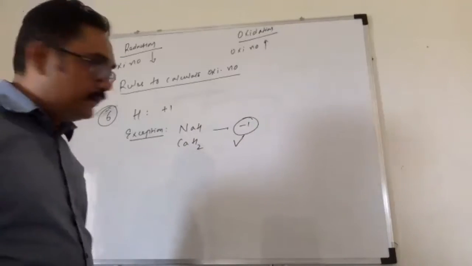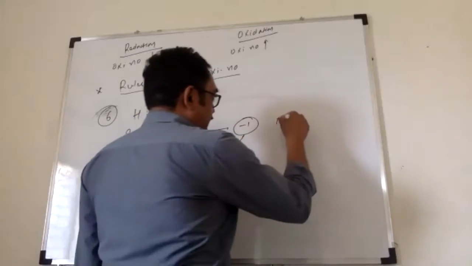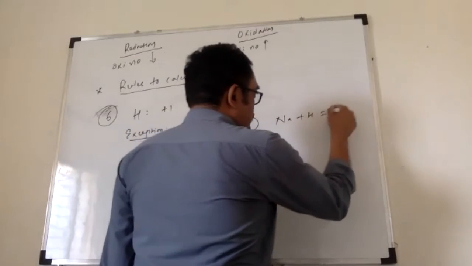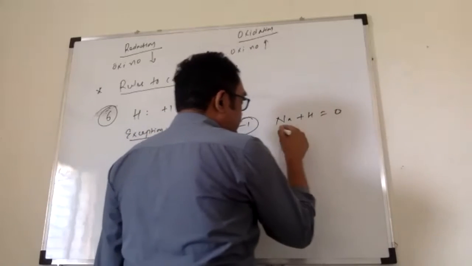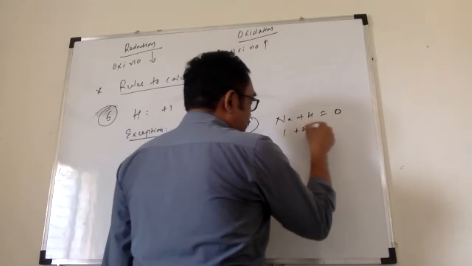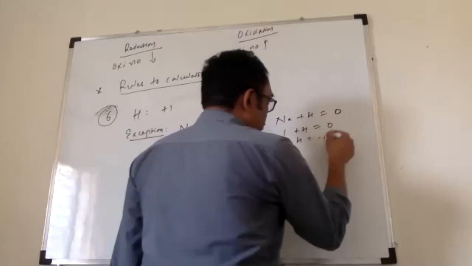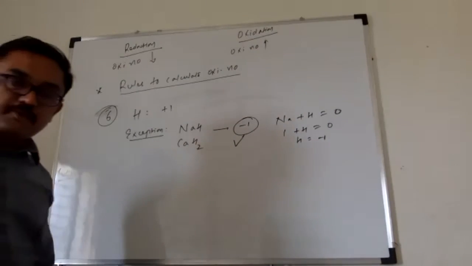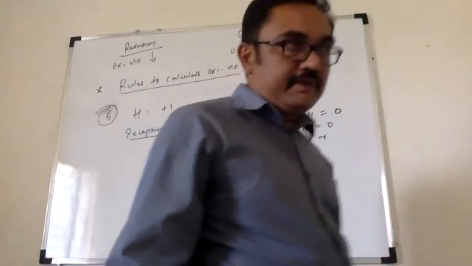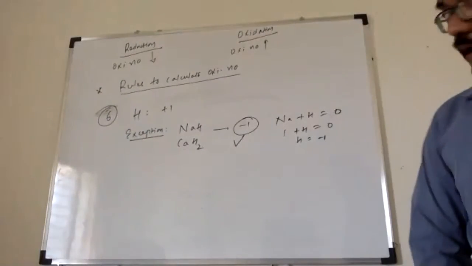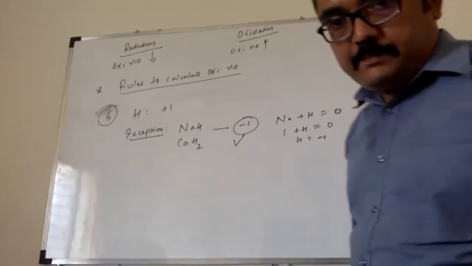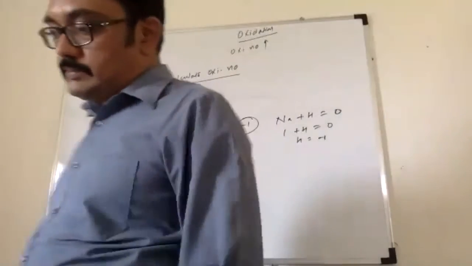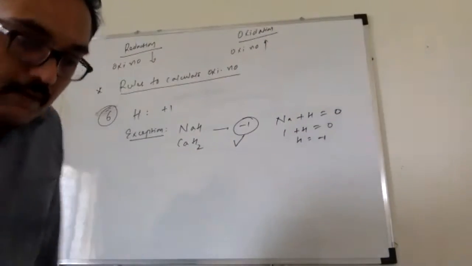Sodium is an alkali metal. So Na plus H equals 0. This is +1. So H is -1. So that is the exception for hydrogen when hydrogen is combined in first and second group hydrides. Otherwise, hydrogen you should take +1 in most of its compounds. Okay.